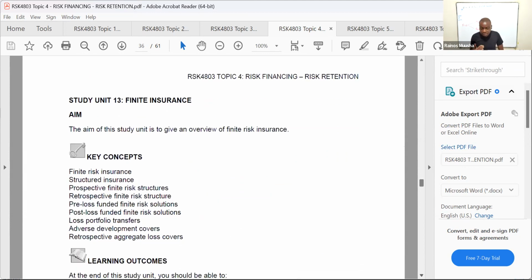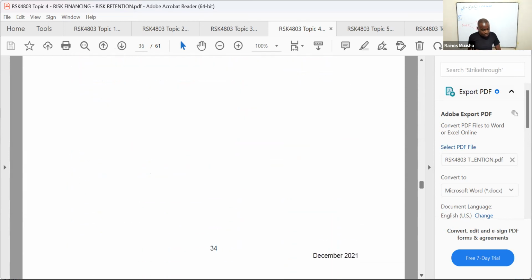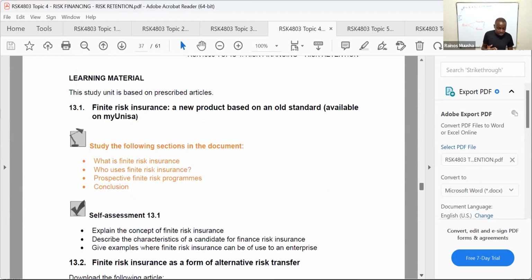Then another alternative risk transfer method is through finite insurance. With finite insurance, you are going into an insurance arrangement with an insurer, but this arrangement is not a pure commercial type of insurance arrangement, mainly because you are retaining some of the risk and the insurer is also covering you for some of the risk, but at a limited level, for a certain customized type of arrangement.